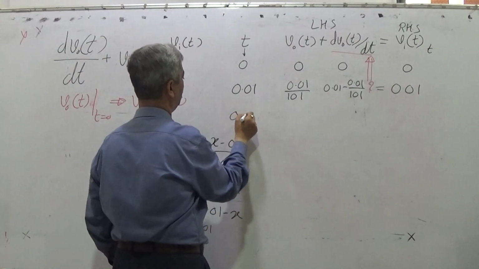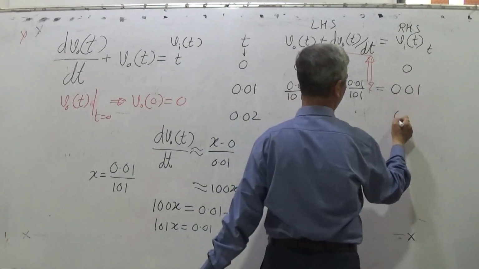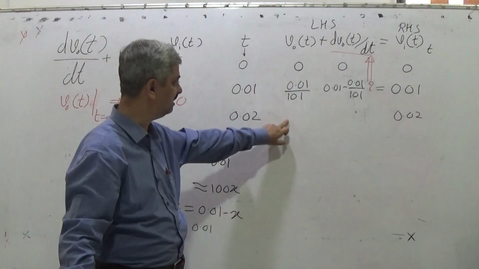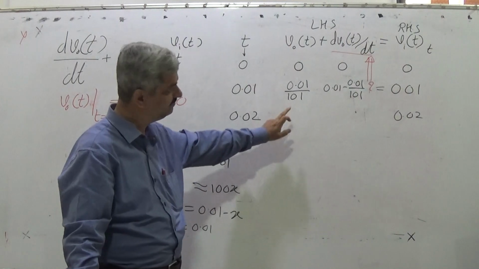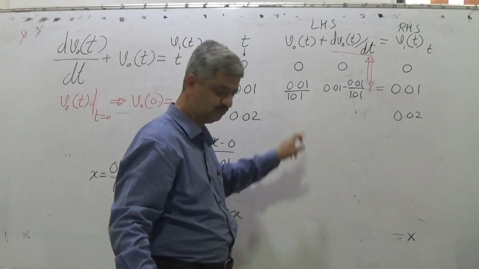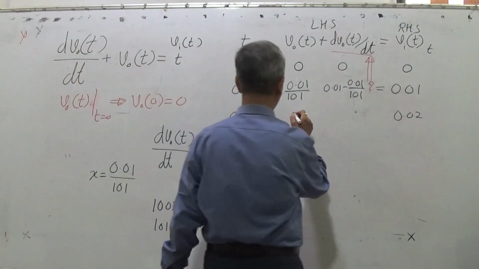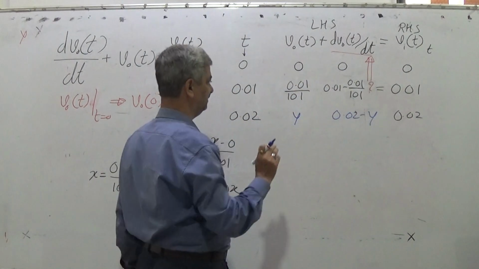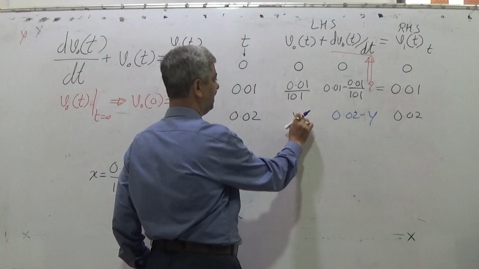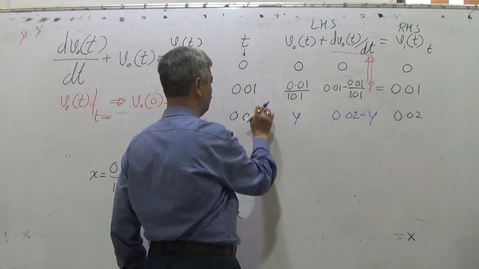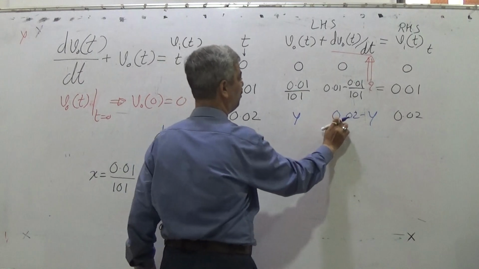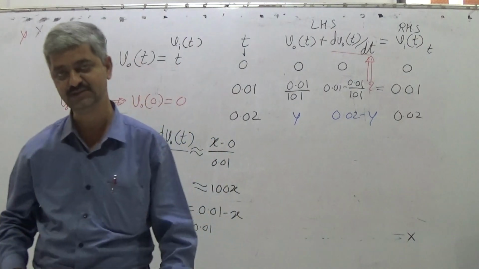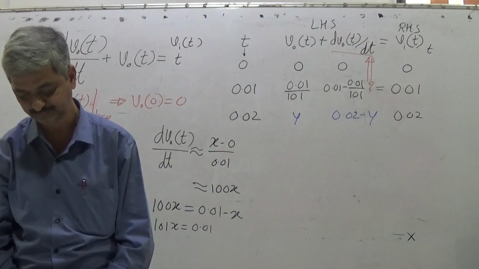Then at 0.02, you can assume something, say y. Then y minus this upon 0.01 must be equal to 0.02 minus y, and with this you can find each and every value.